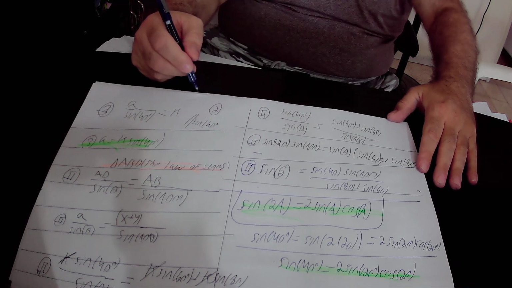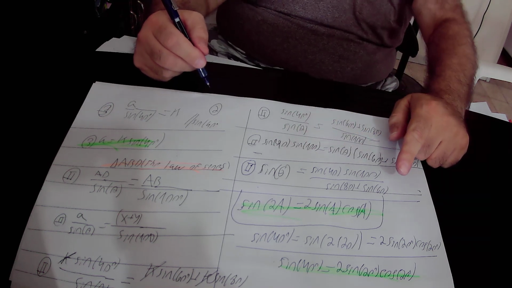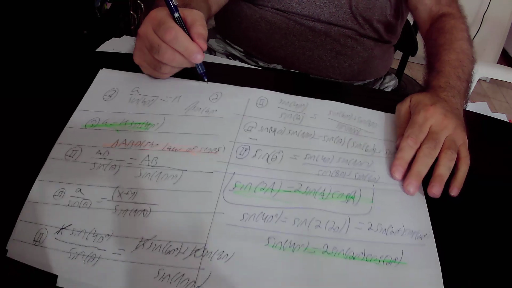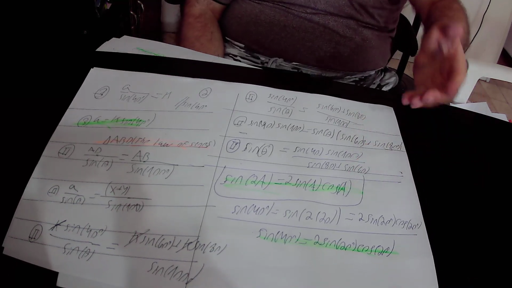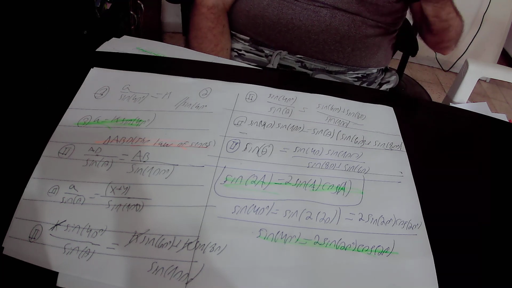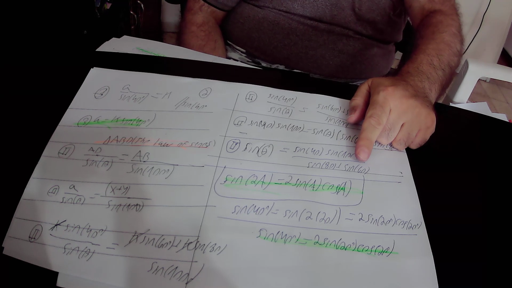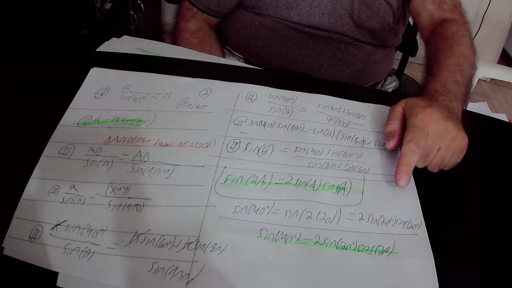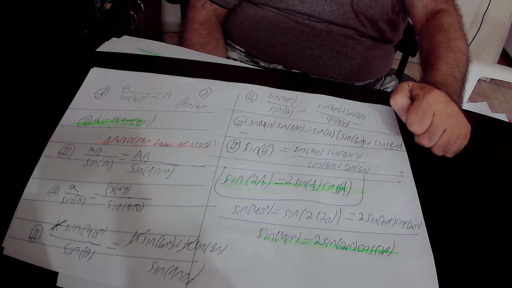Then we have presented to you the trigonometric identity that sine 2a equals 2 sine a cosine a. We use this trigonometric identity for the value of sine 40 degrees. Sine 40 degrees is sine 2 times 20 degrees, and according to this identity, sine 2 times 20 degrees equals 2 times sine 20 degrees times cosine 20 degrees.